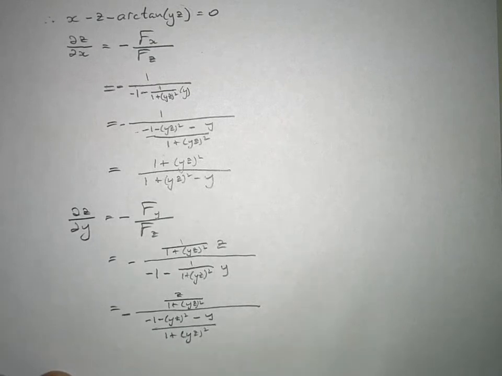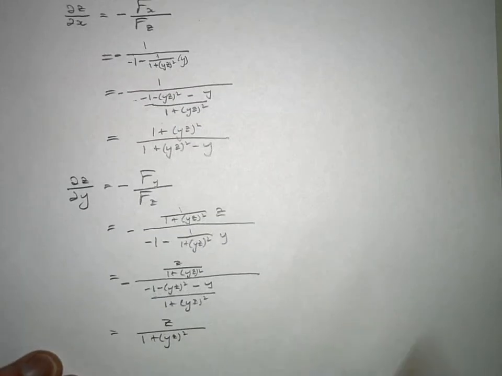Of course, we've also got the minus in front, which again is going to multiply through and make all of these positive. And we're dividing by this fraction here, so we can multiply by its reciprocal. Then we've got the numerator, and this is the same as the denominator in that, and this cancels down very nicely to z over 1 plus yz squared plus y.